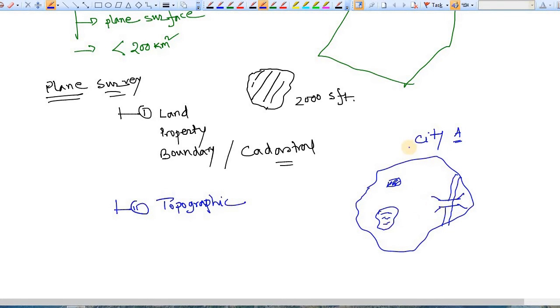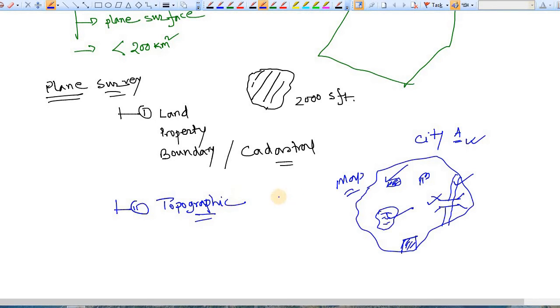Now when you survey all of these things, the natural lake, the natural river, the natural vegetation, let's say there is a pond also, a park also, and the man-made bridge, man-made buildings, everything you consider and prepare the map of city A. This type of surveying is known as topographic survey.